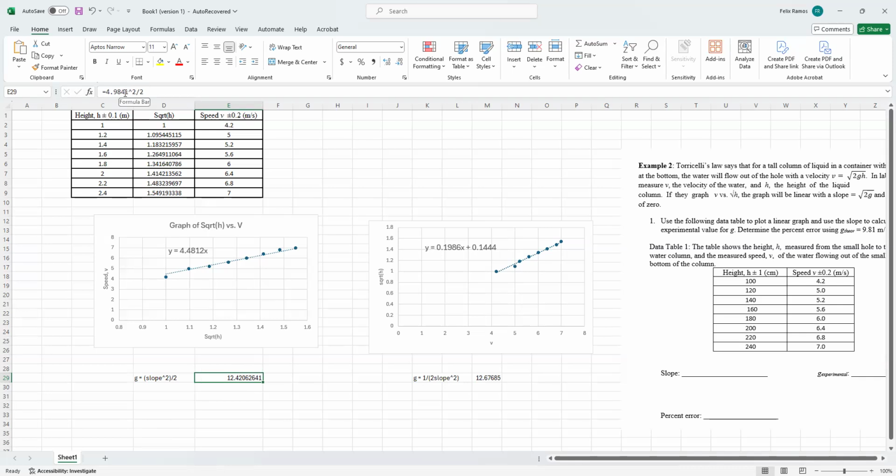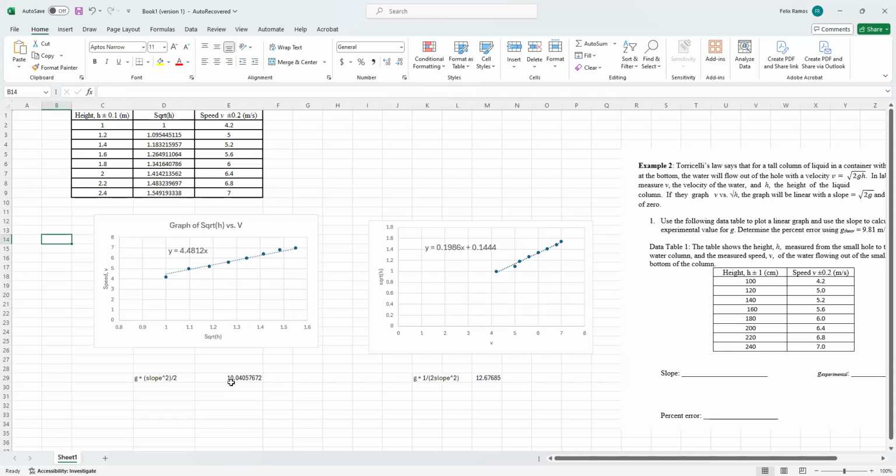Let me correct it now for this new value that I got, because I did it the first time without making the intercept 0,0. So I will change this. And it changed to 10.04, which is going to be a lower error.